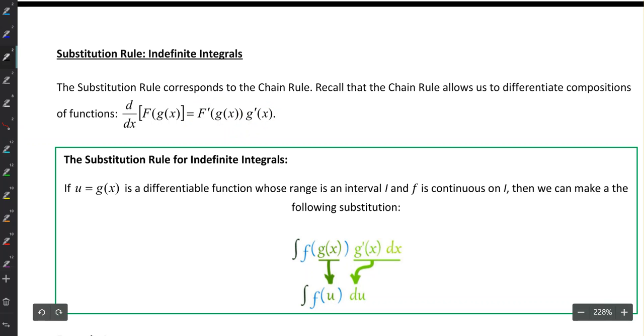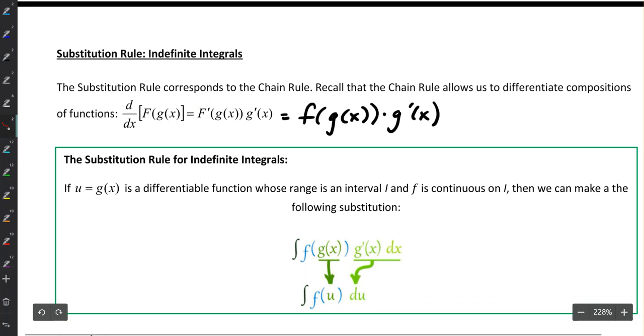In particular, if big F is an antiderivative for little f, then we have this. Right? The derivative of the antiderivative will be our original function.